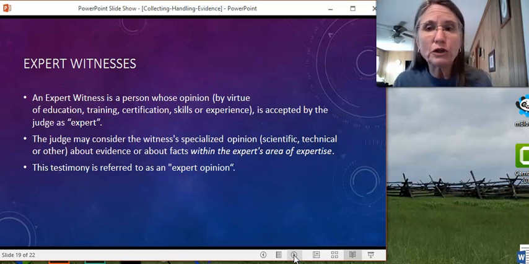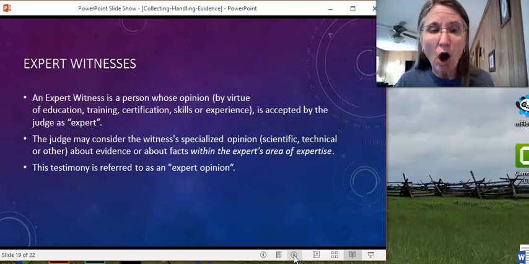That said, the judge would consider this witness's specialized opinion about evidence as long as that expert opinion walks that narrow line of maintaining within the realm of that person's expertise. And in the legal arena, this type of testimony is referred to as the expert opinion.